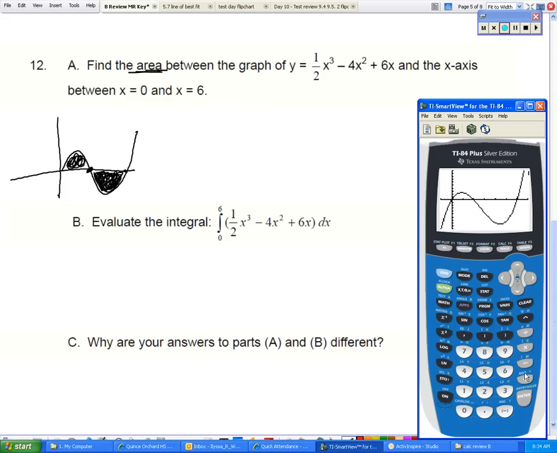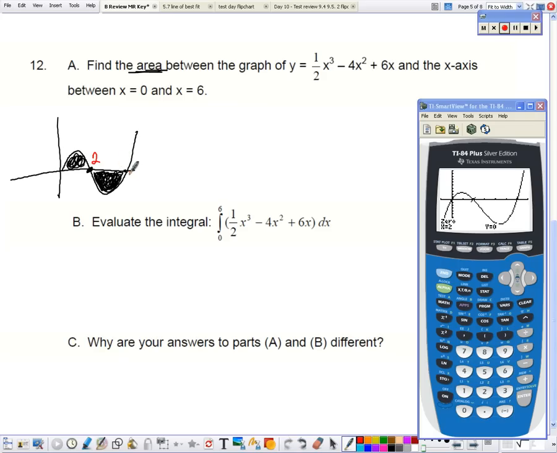Yes. And that's exactly at 2. That means this one's exactly at 6, right here. So if I find the integral from 0 to 2 of my y, and subtract the integral from 2 to 6, because this is a negative value, my minus a negative will give me a positive.